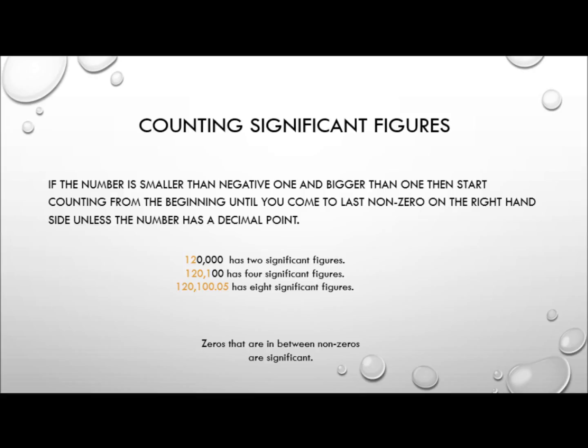So 120,000 has two significant figures. 120,100 has four significant figures. 120,100.05 has eight significant figures. Zeros that are in between non-zeros are counted as significant.